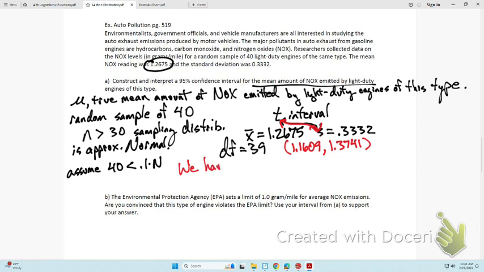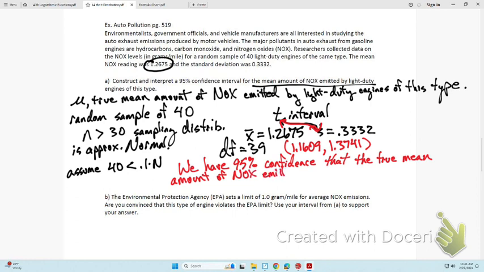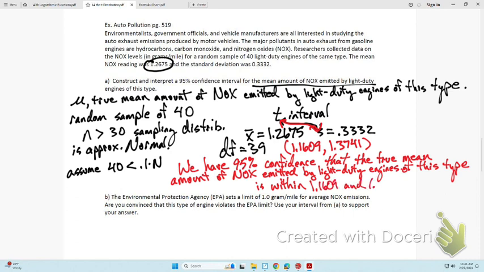We have 95% confidence that, now just look at your title of your work, that the true mean, and you're just copying now, amount of NOx emitted by light-duty engines of this type is within 1.1609 and 1.3741.